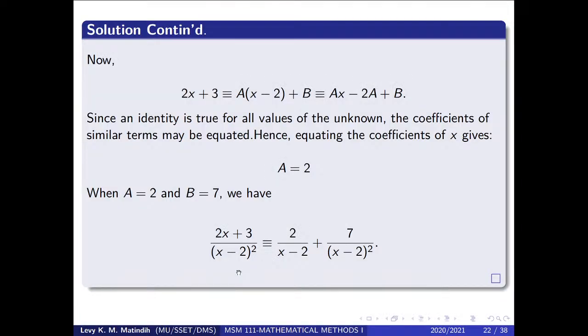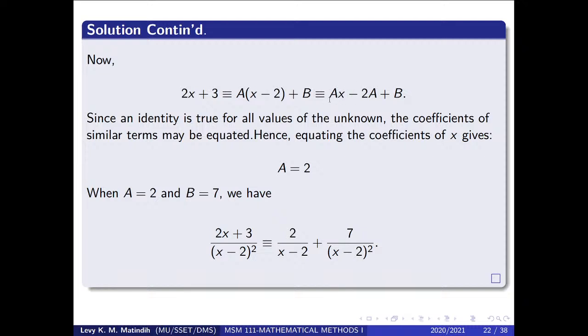Then to solve for a, now if you look at this, we are saying 2x plus 3 is equivalent to a times x minus 2 plus b. When we expand this, we are going to get ax minus 2a plus b. Now, if we equate the coefficients, the coefficient of x on the left hand side is 2, the coefficient of x on the right hand side is a.